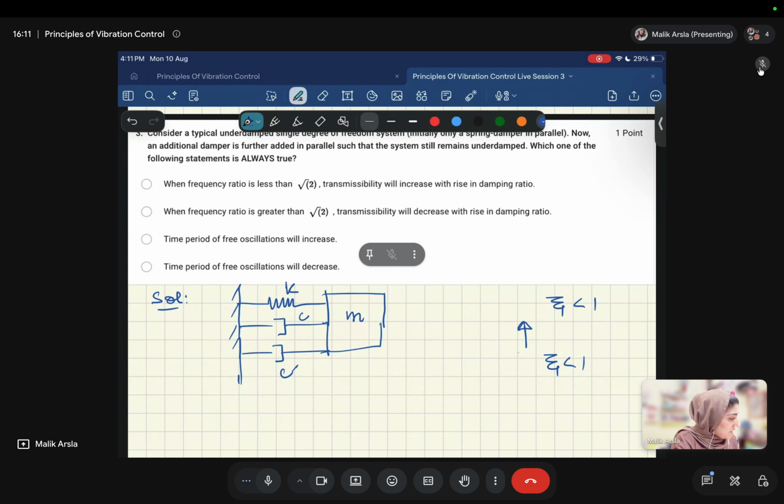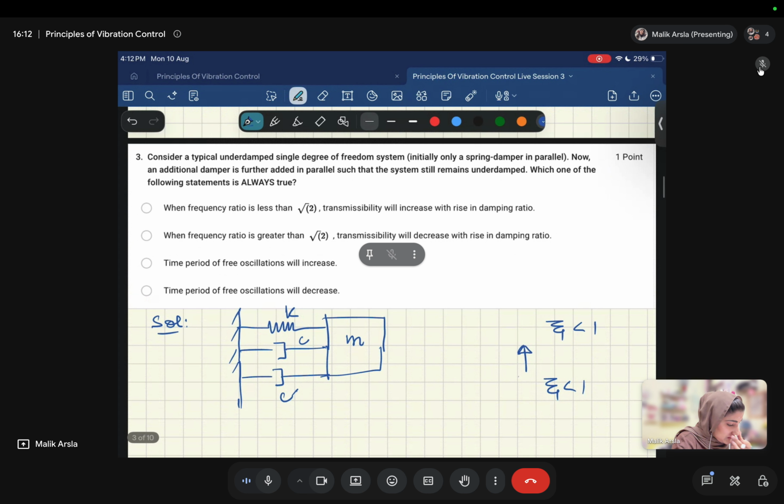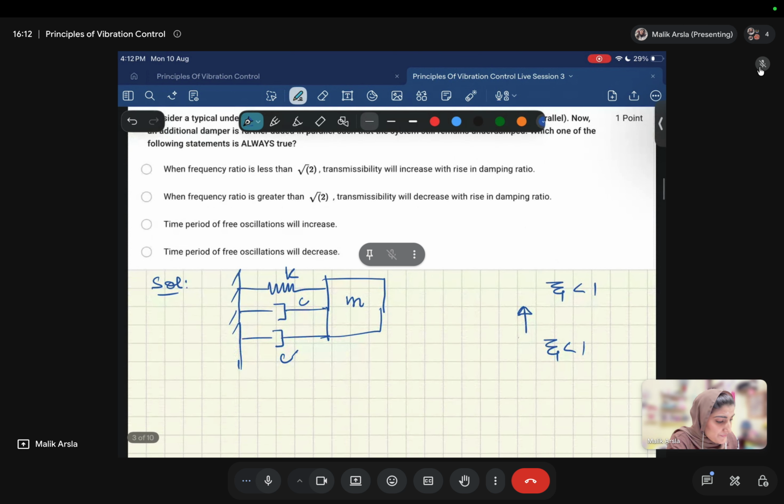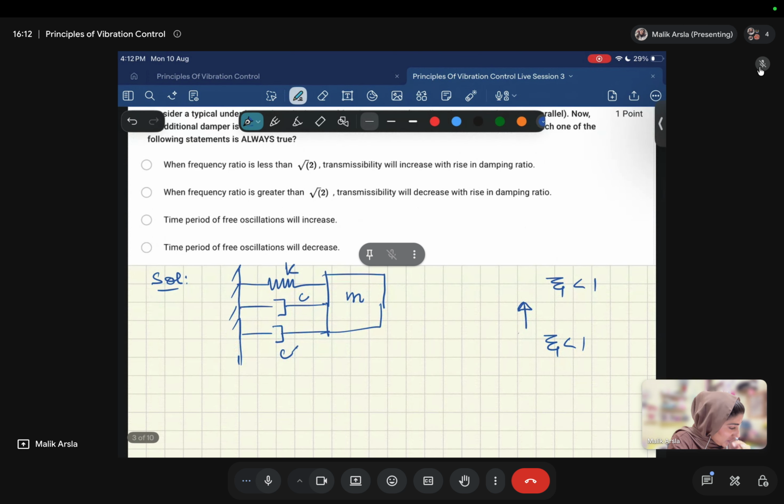The options are: when frequency ratio is less than root 2, transmissibility will increase with rise in damping ratio. When frequency ratio is greater than root 2, transmissibility will decrease with rise in damping ratio.